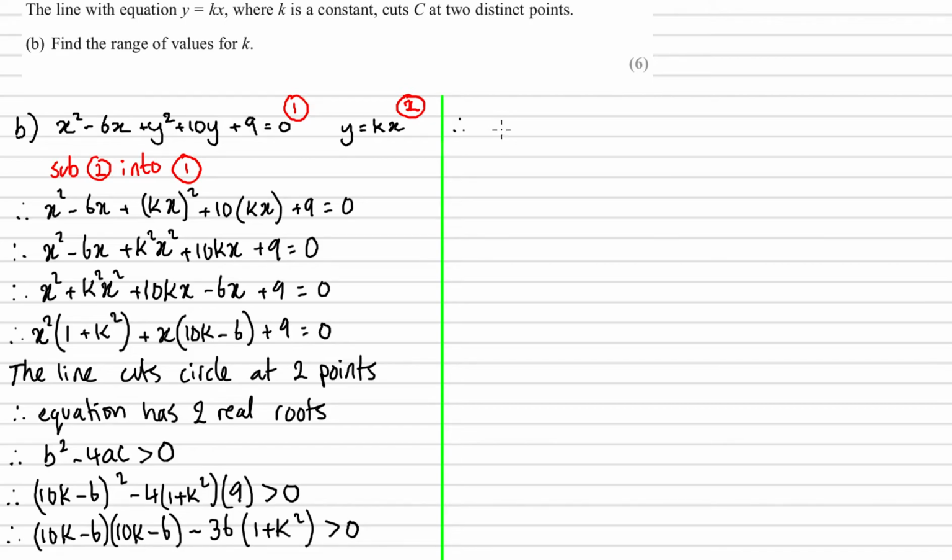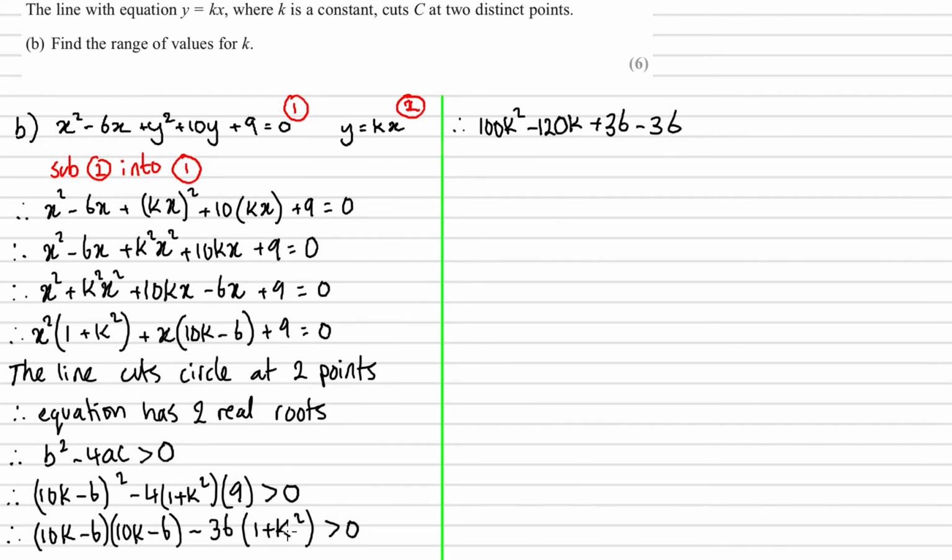On the next line I'm going to expand this bracket here. 10k times 10k is 100k squared. 10k times minus 6 is minus 60k. Minus 6 times 10k is minus 60k. Minus 60k minus 60k is minus 120k. And then minus 6 times minus 6 is positive 36. Now minus 36 times 1 is minus 36.